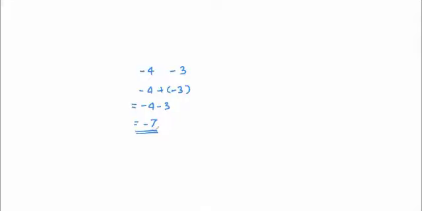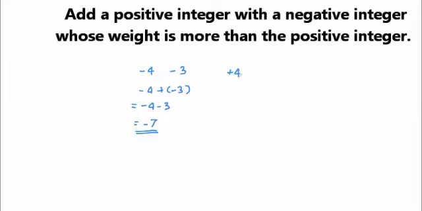For example, if I have a positive integer +4, then I need to add another negative integer whose weight is more than the positive integer. So the weight of this positive integer is 4. So I take another integer whose weight is more than this and whose sign is opposite. So I take +4 and -5. +4 plus -5.